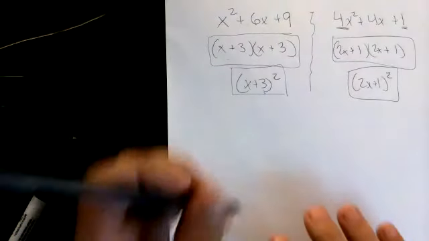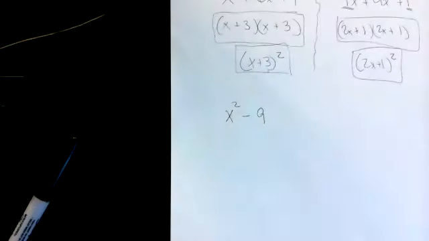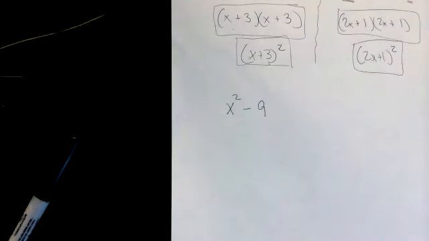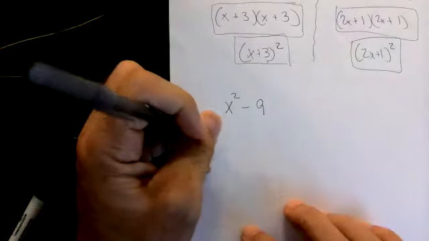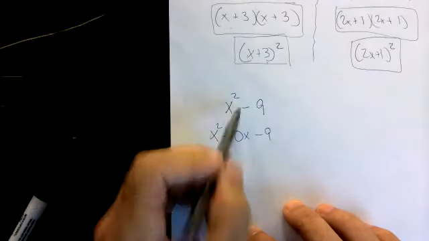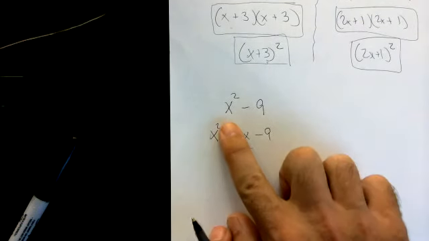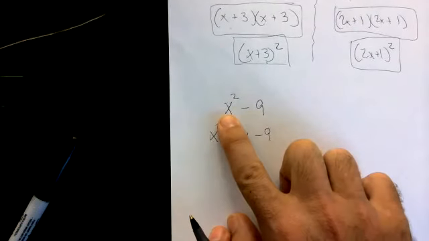Now, the one new thing is if they give you something like this, x squared minus 9. This is a difference of perfect squares. And it's basically the same thing as saying x squared plus 0x minus 9. So basically this middle term is a 0. That's why you don't see it. It looks like there's just 2 terms.